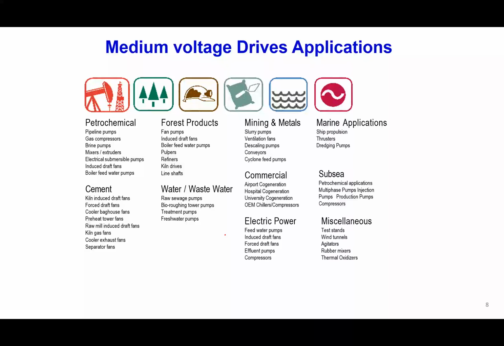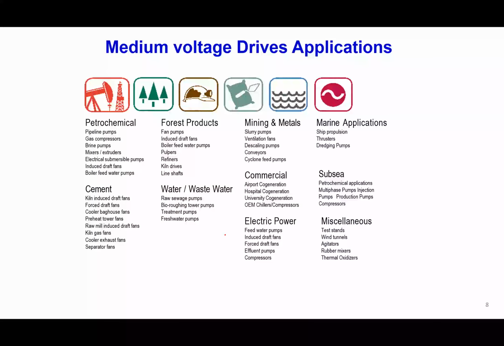So other applications of medium voltage drives are petrochemical. For example, in pipeline pumps, gas compressors, mixtures, submersible pumps, boiler feed water pumps. There are many applications where the motors are required. 60% of the energy that is produced in the world is consumed by the motors.